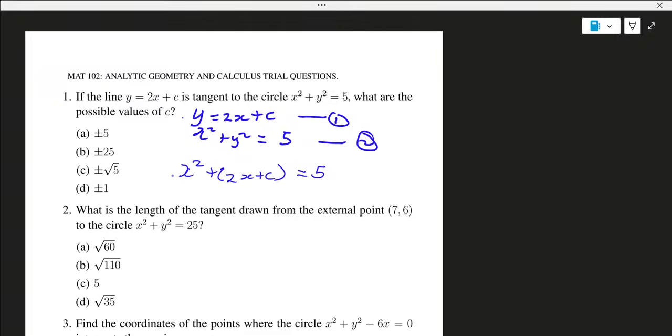There's a square here, so we square. When we expand this square, we have 4x squared plus 4xc plus c squared equals 5.